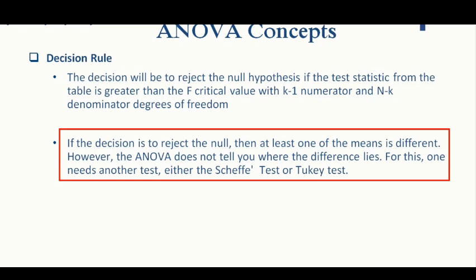That answer cannot be given by conducting only the analysis of variance. For answering that question, one has to consider either Scheffé's test or Tukey's test, which is right now beyond the scope of this module.